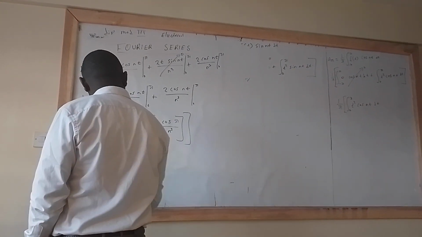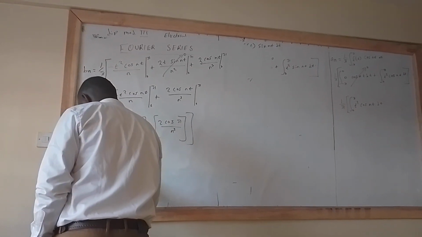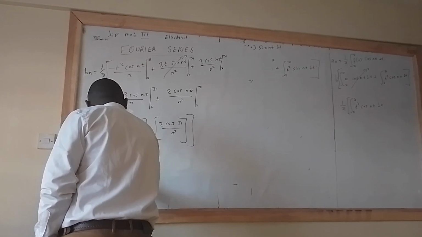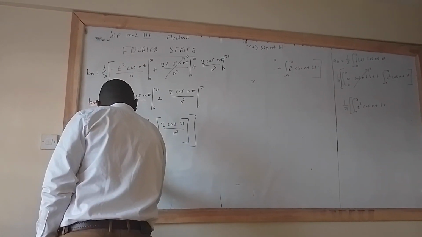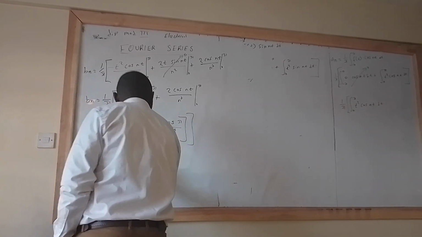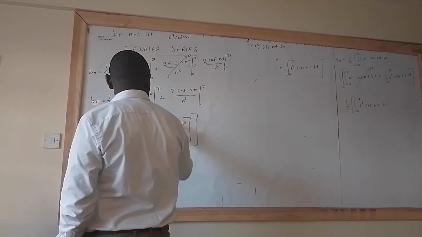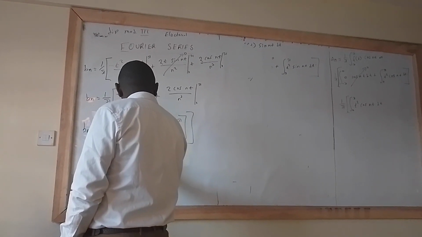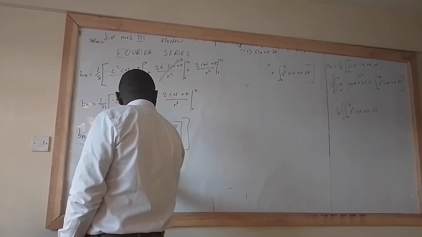Negative pi cos of n pi divided by n plus, we have a constant here. This is pi over n power 3.